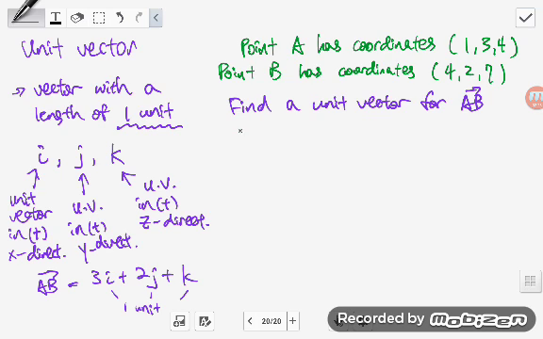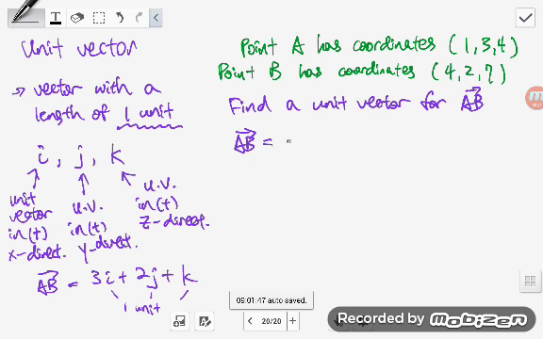Okay. So let's find AB first. We did this in the previous video, where we talked about the distance between 2 points. If you're not sure how to find vector AB, please go back and watch that video again.